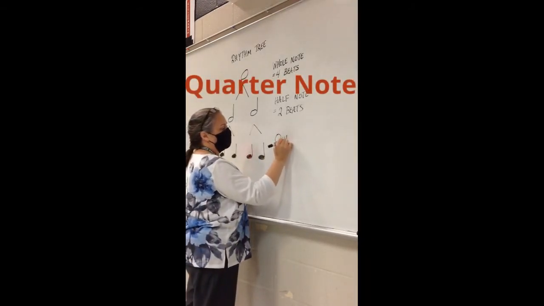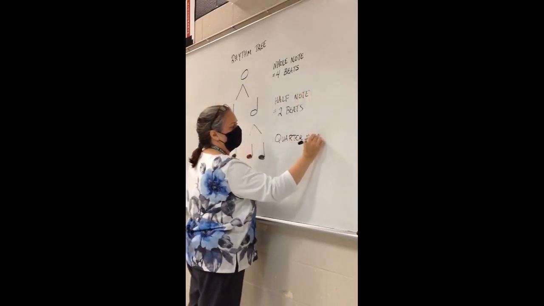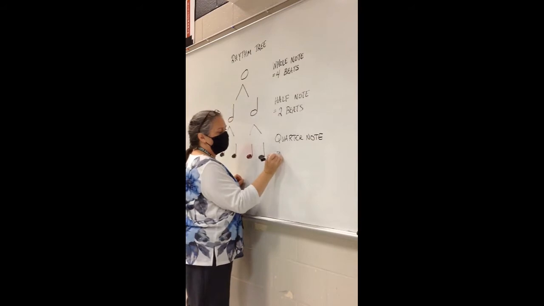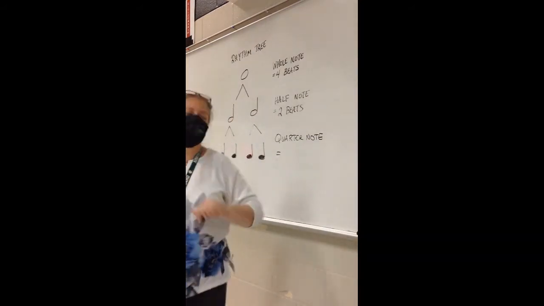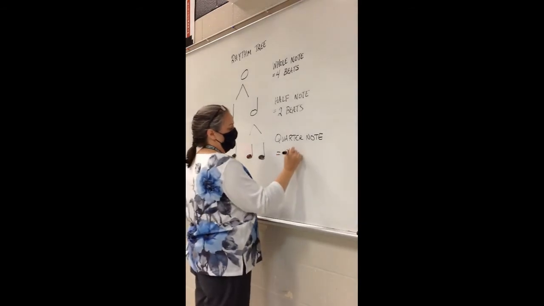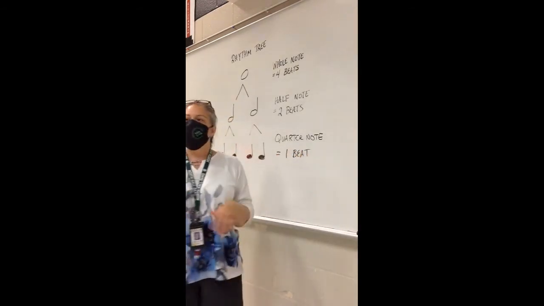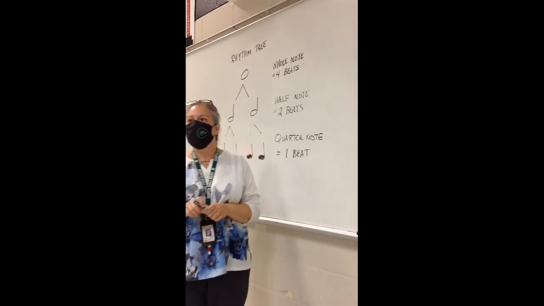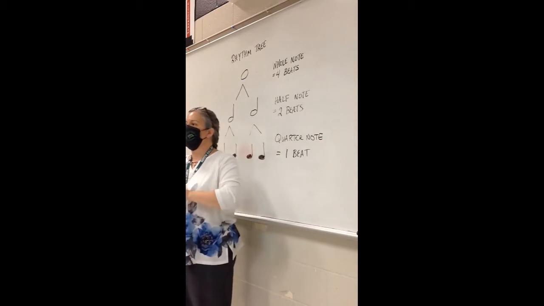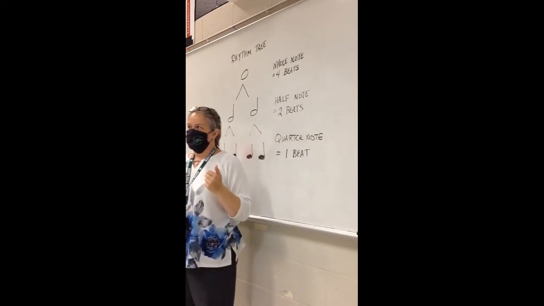Very good. Quarter note. How many beats does an individual quarter note get? 1. 1 beat, 1 pulse, 1 toe tap. That's how long that note lasts before you have to move on to another one. Okay.